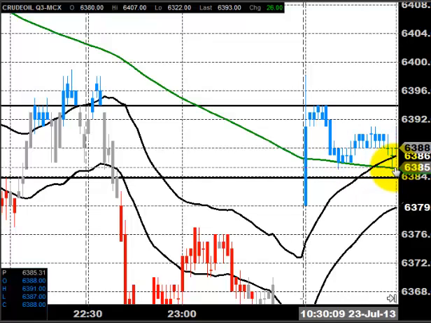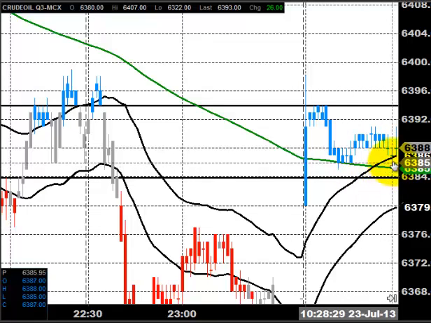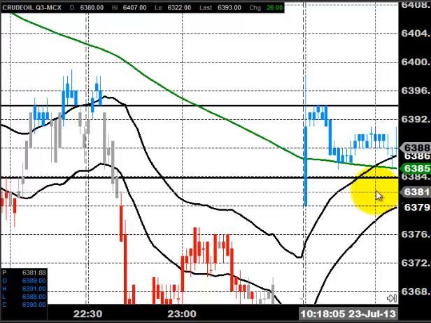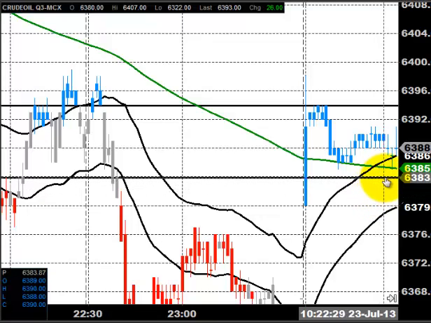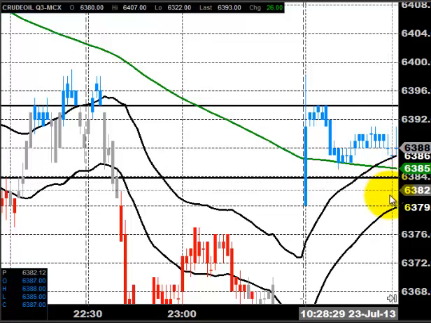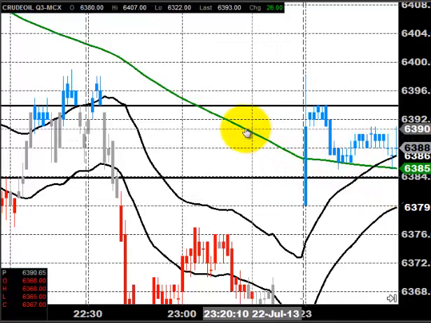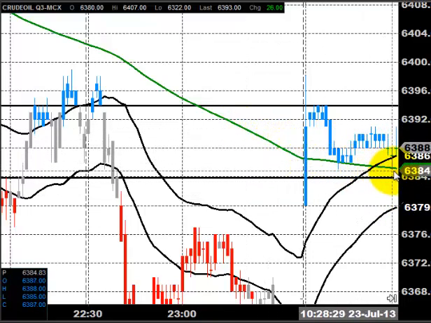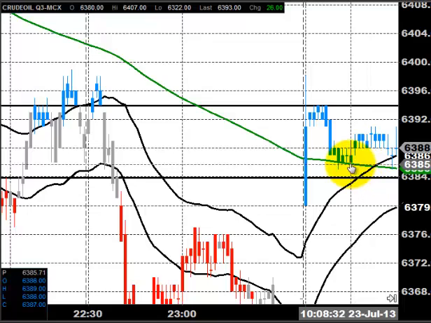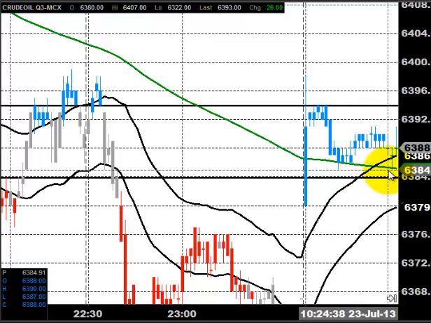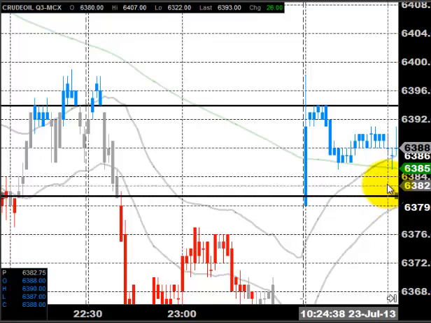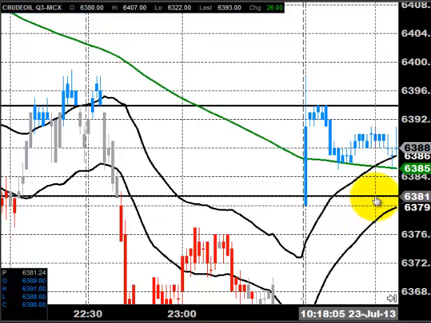If the price is touching this green line, you can place a stop loss of 5 points or 6 points below this green line. It is applicable only when the price is testing this green line. So make it very clear, I am repeating it, only if it is testing this green line. This is the new rule we are putting inside. So you can have 5 points below the green line as your stop loss.